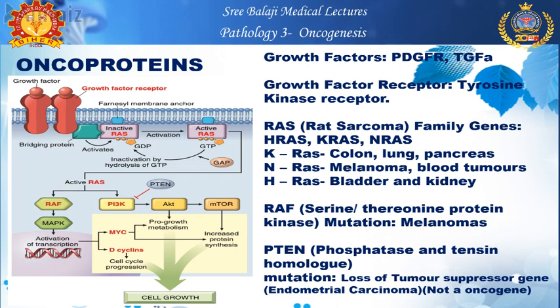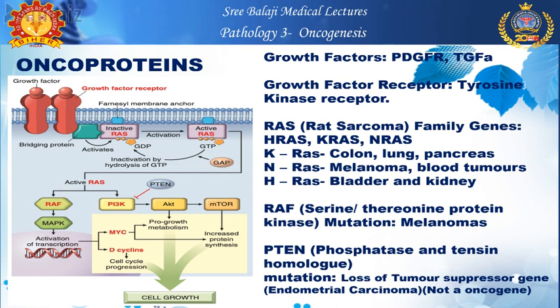Now you need a growth factor and you need a growth factor receptor in normal conditions. But what happens in a tumor? This normal signal becomes autonomous. There is no more a requirement of a growth factor. Without a growth factor attaching itself to a growth factor receptor, the tumor can start producing its own signals, and there is an autonomous signaling pathway which gets accelerated with each cell growth.